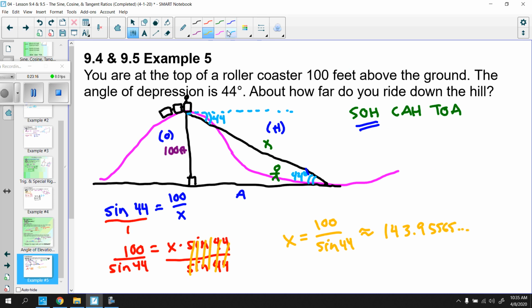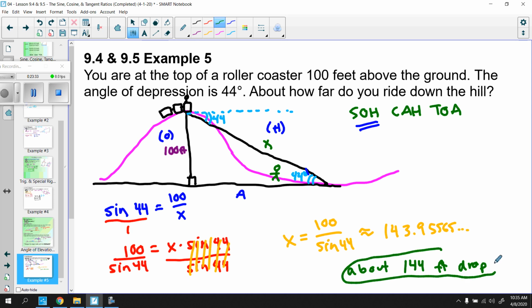So to answer the question about how far we ride down the hill, I would say about a 144-foot drop. That would be the number that I'd be looking for. You could say 144 would be pretty close.